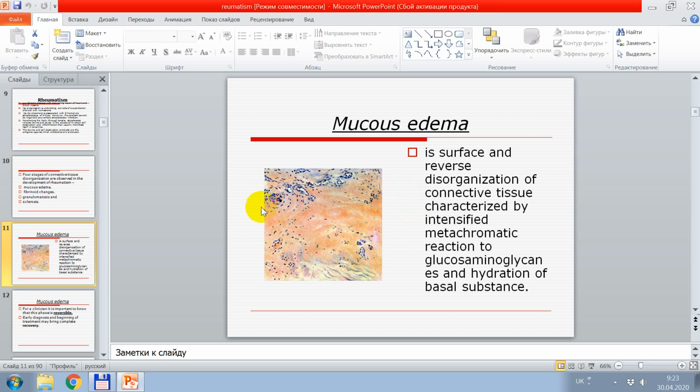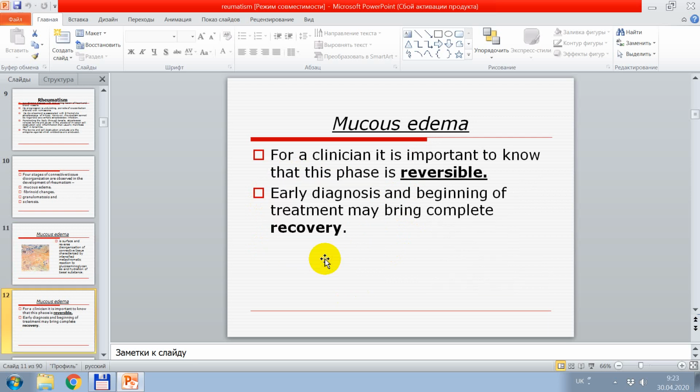In the center, you can see signs of mucous edema. In the periphery, normal structure, stained blue. For a clinician, it is important to know that this phase is reversible. Early diagnosis and beginning of treatment may bring complete recovery.